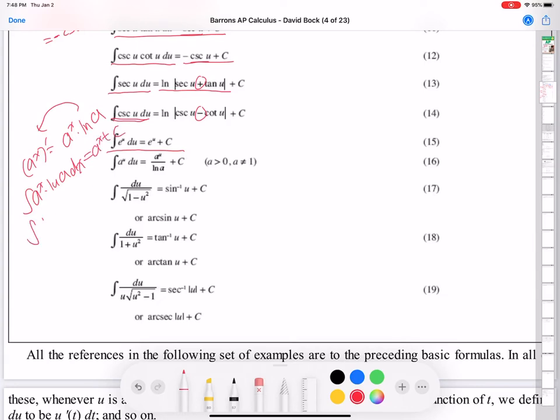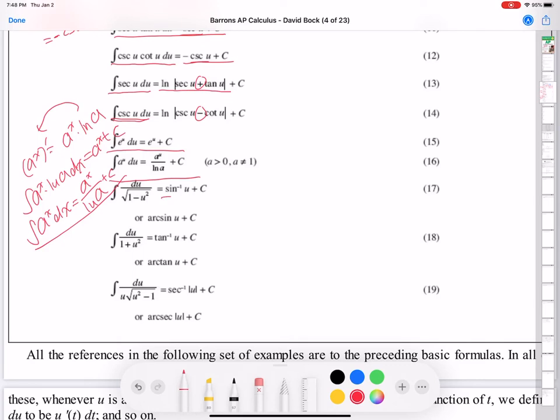So integral a to the x dx, I'll divide by ln a. So a to the x over ln a plus c. This is the formula. Integral a to the u du equals a to the u over ln a plus c.